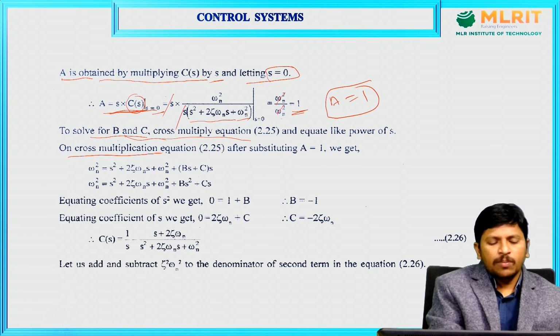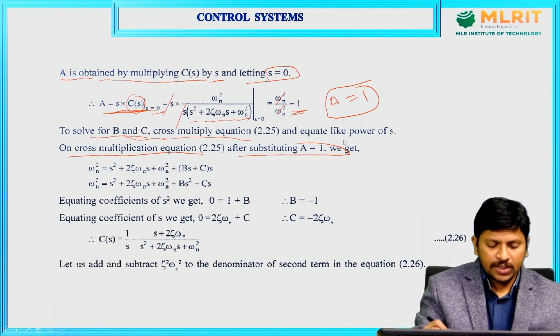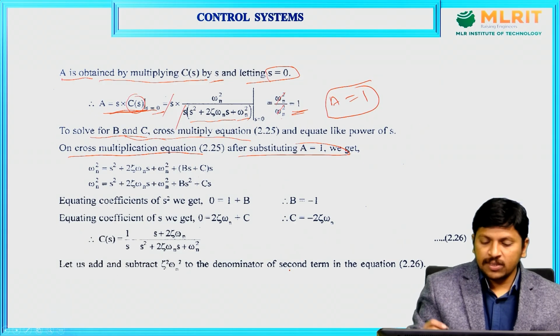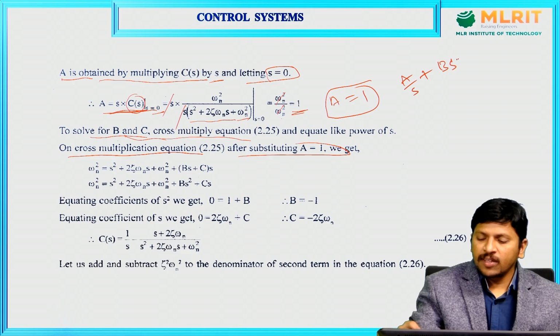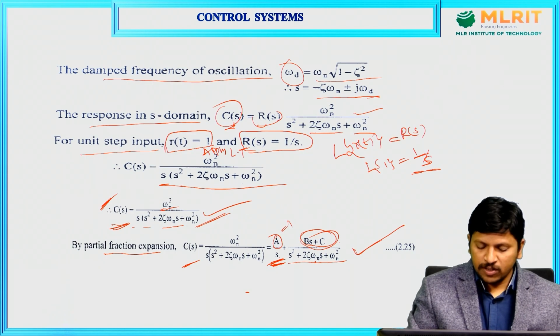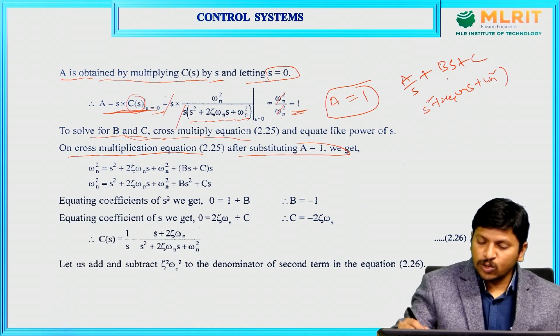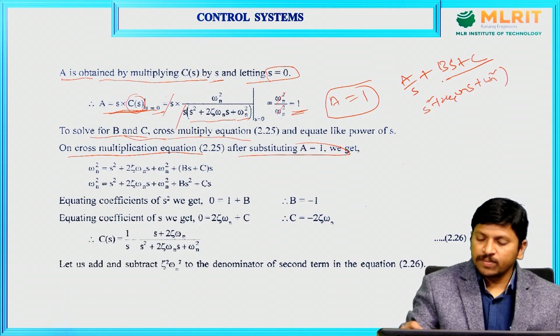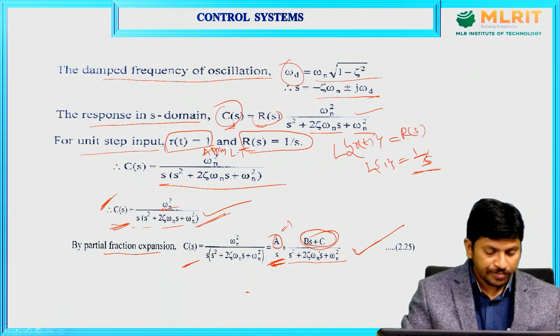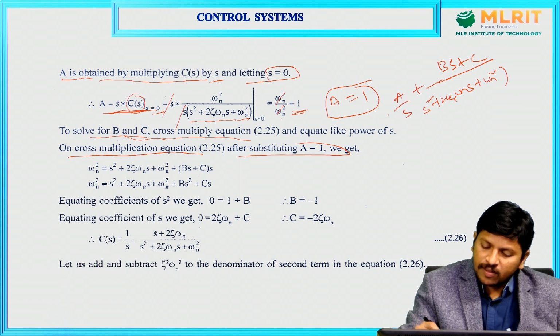On cross multiplication of that equation, after substituting A equals 1, we get the previous equation: A/s + (bs + c)/(s² + 2ζωn s + ωn²). Let me write this one here: A/s equals C(s).